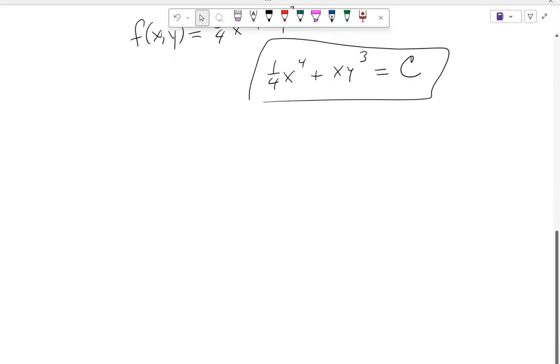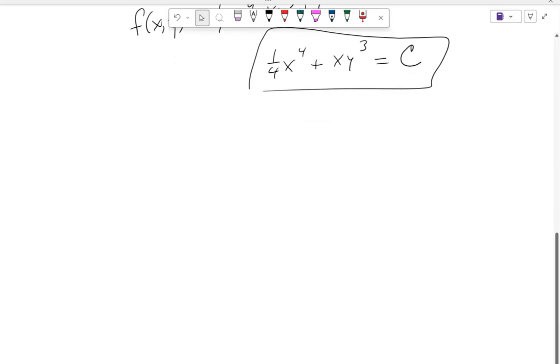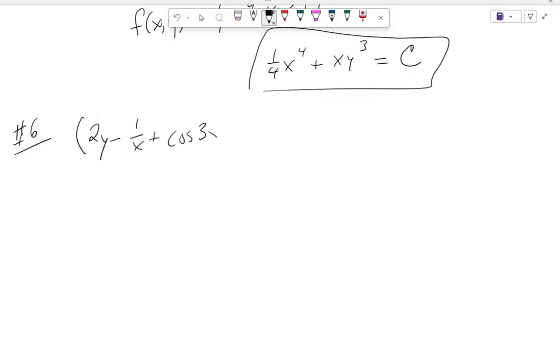All right, let's do another one. Let's do number 6. Number 6 is written this way: 2y minus 1 over x plus cosine 3x, and then dy dx, plus y over x squared minus 4x cubed plus 3y sine of 3x equals 0.